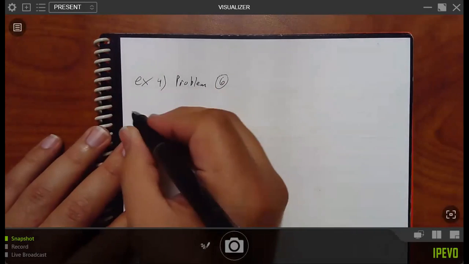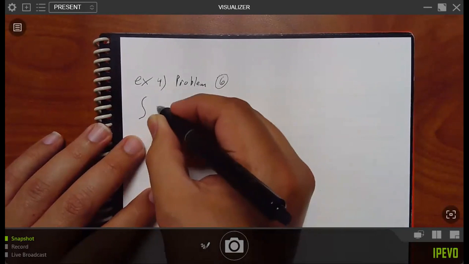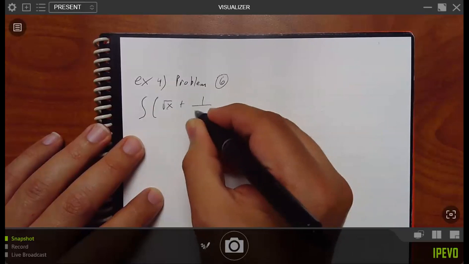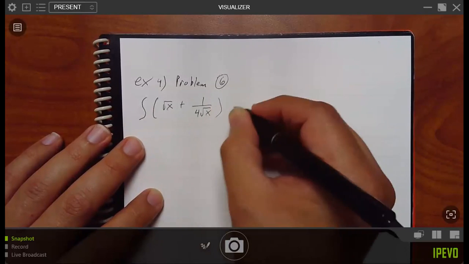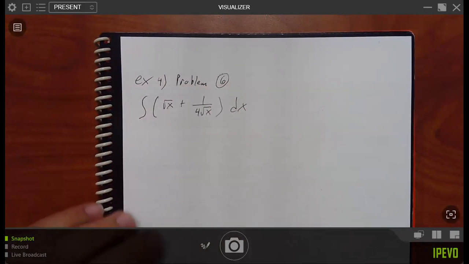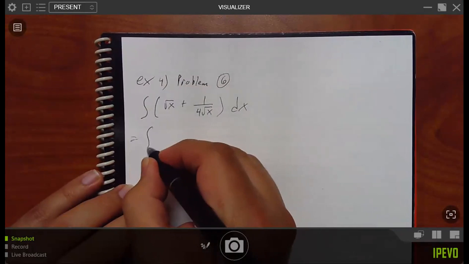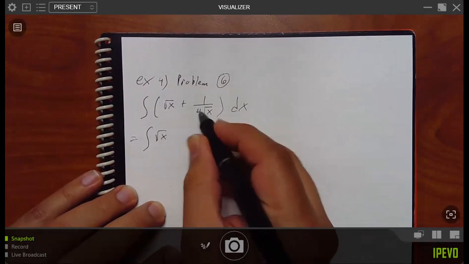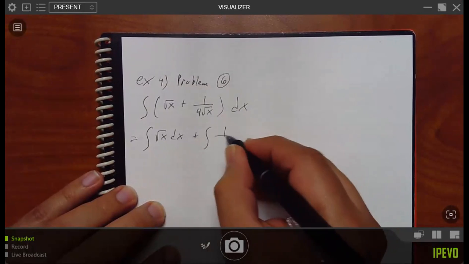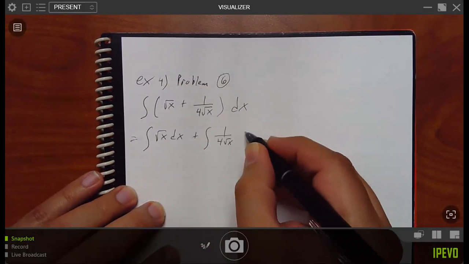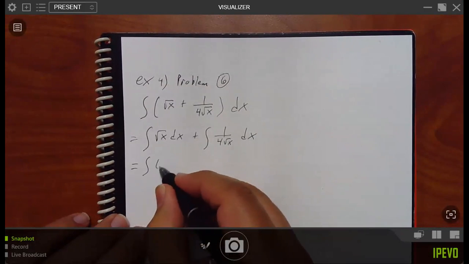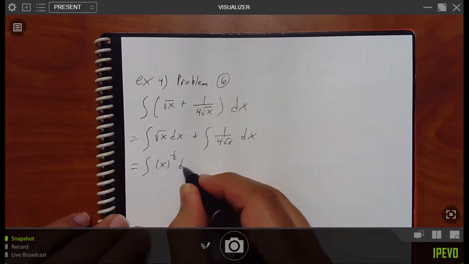Okay. So find the antiderivative of square root x plus 1 over 4 square root x. Remember how we said we can separate them. So let's use that rule to separate these two terms into two integrals. Then rewrite the first one as a 1/2 power.